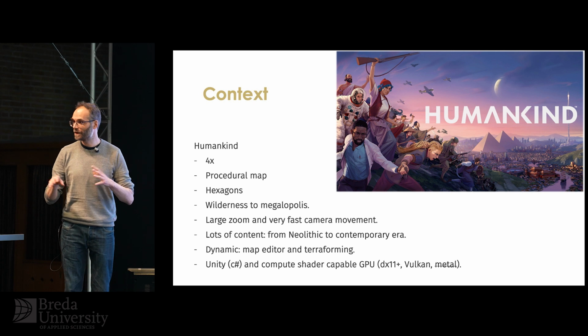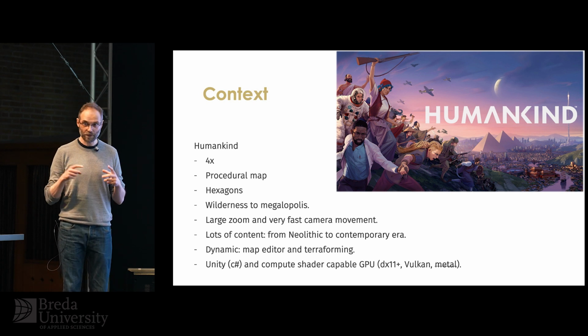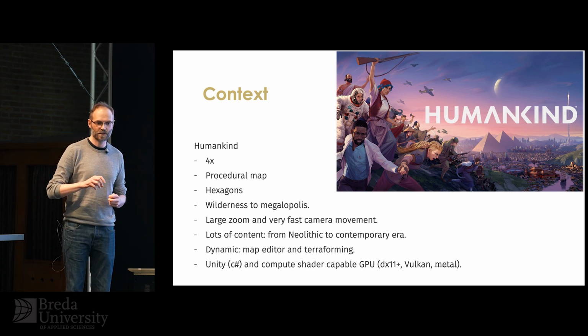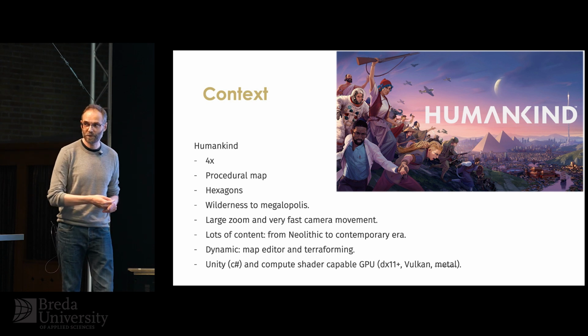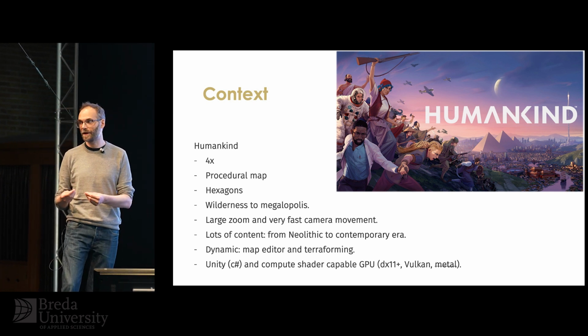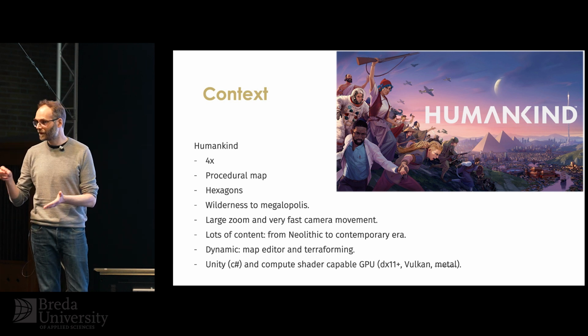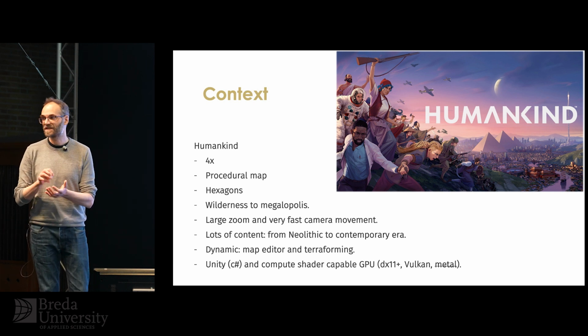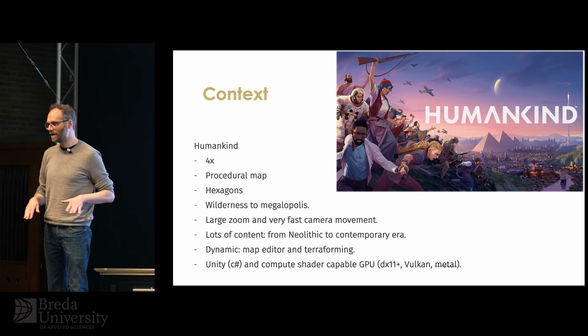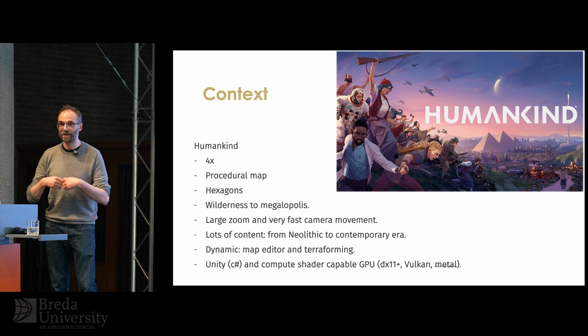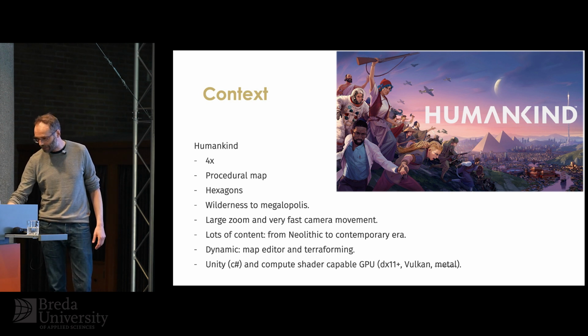So everything should be dynamic, interactively. There is also terraforming, so while the game is running, the map changes. The most obvious thing is you put districts or city parts on it, and it changes the underlying ground. We can cut forests, etc.